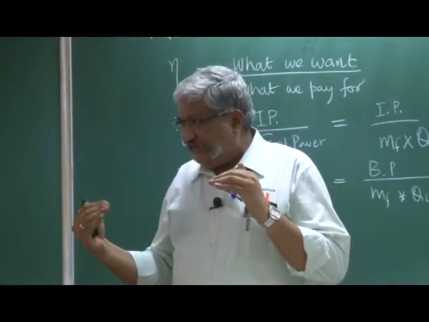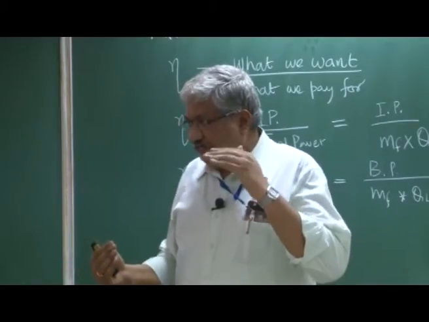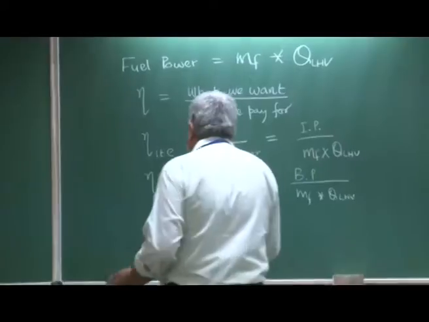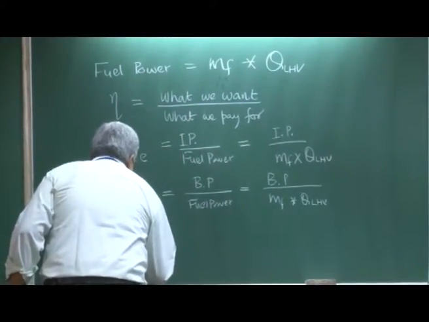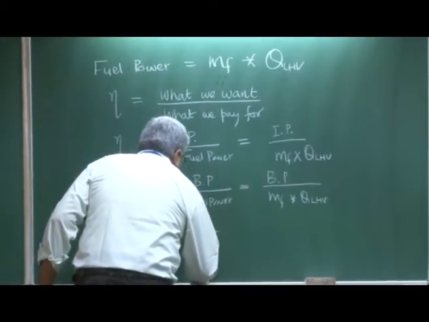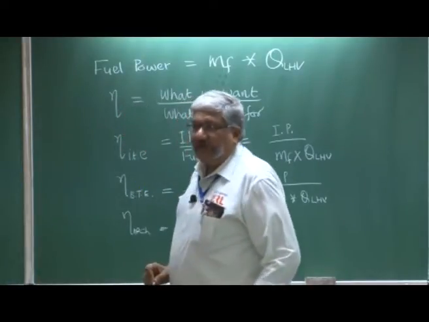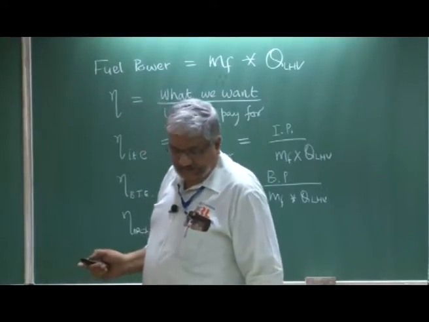So by the definition of efficiency, brake power is what we want, and what we are putting in is indicated power. So mechanical efficiency will be brake power divided by indicated power. This is just the normal way we define mechanical efficiency.